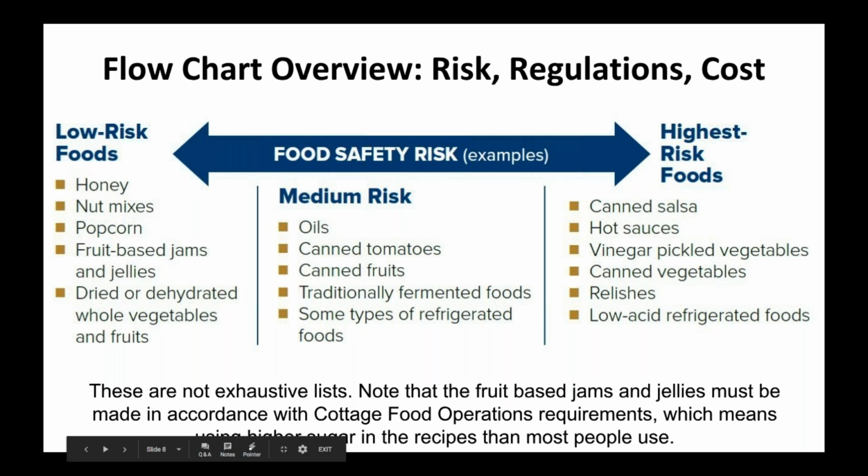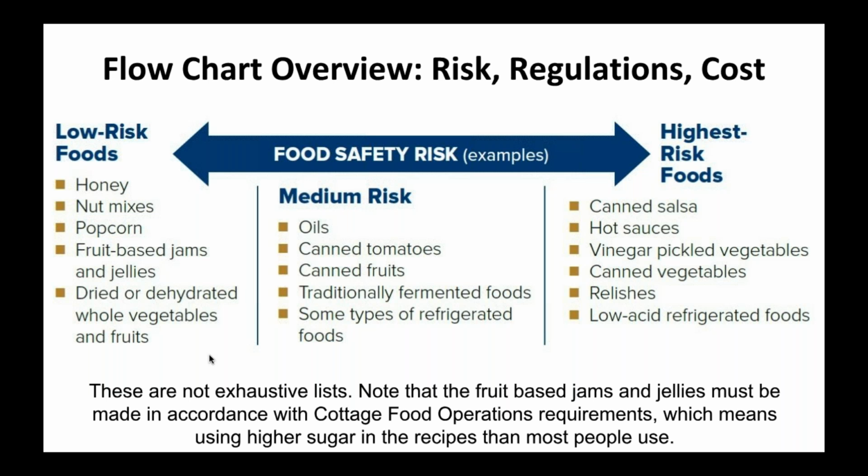So in general, foods that are on our low risk list are going to fall under the Cottage Food Law. The Cottage Food Law allows you to produce certain types of low-risk foods in your home kitchen and sell those commercially if you are having annual sales of that product that's less than $50,000 per year.